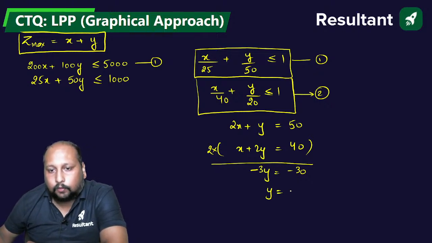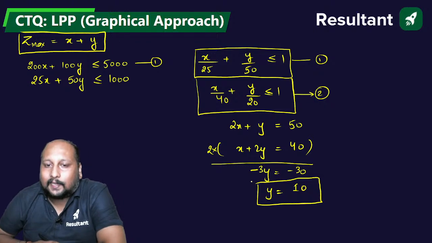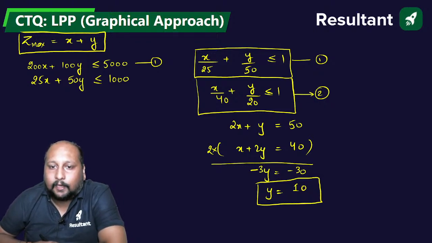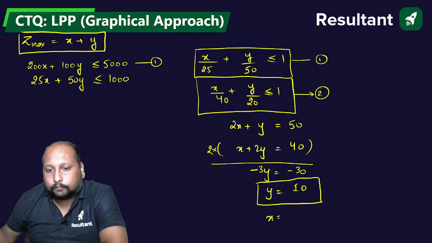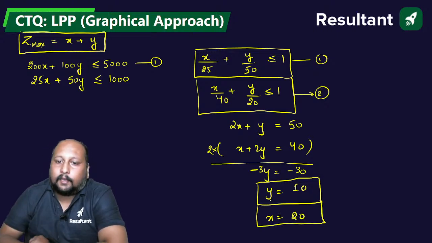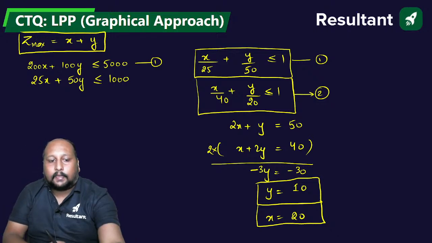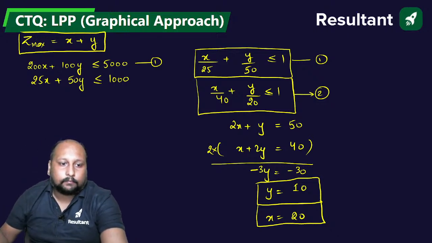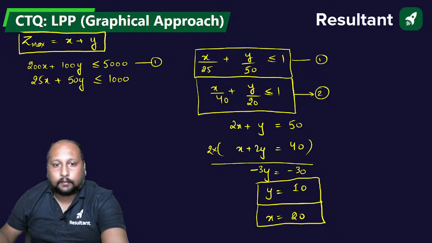So y is equal to... not minus, 10 is coming, please check. If y is equal to 10, then x will be equal to 20. All clear? Yes, very good. In between, I think there are some issues going on.